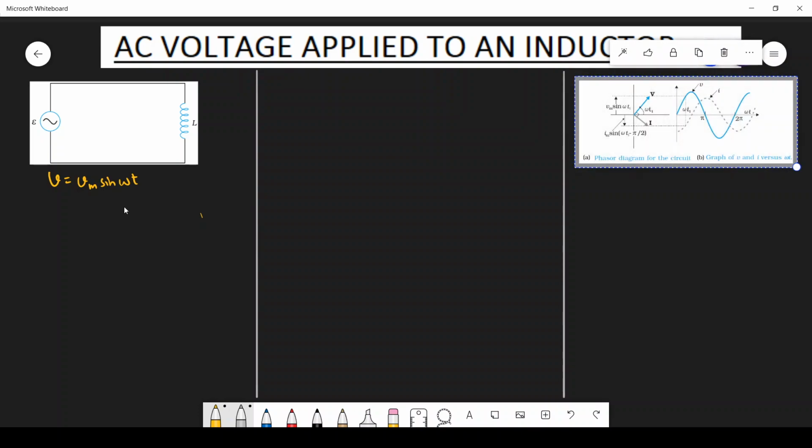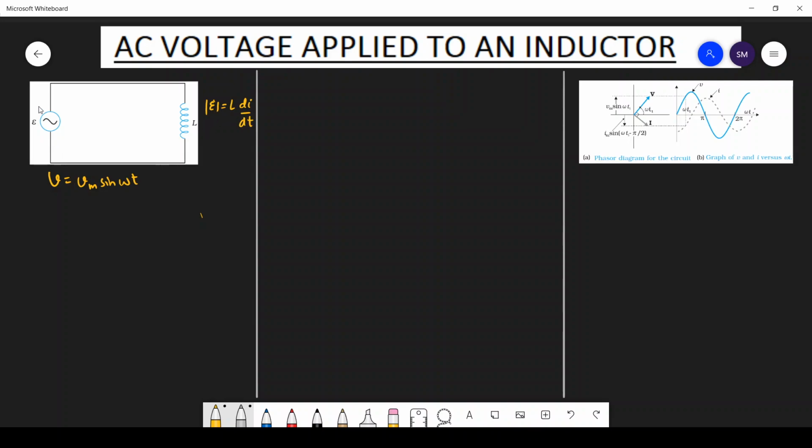For the time being, as this current varies, an EMF will be induced in the inductor coil which opposes any change in the current. So this self-induced EMF in the inductor is given by L di by dt.